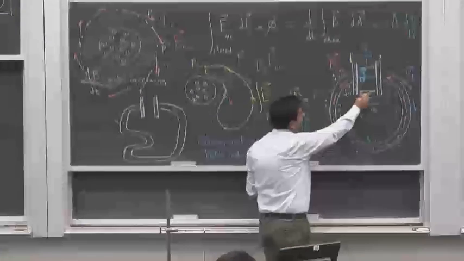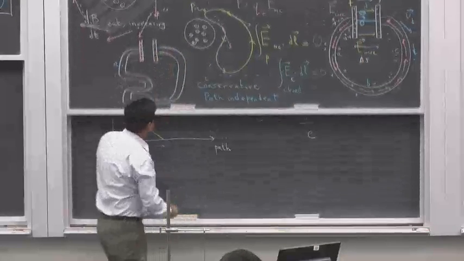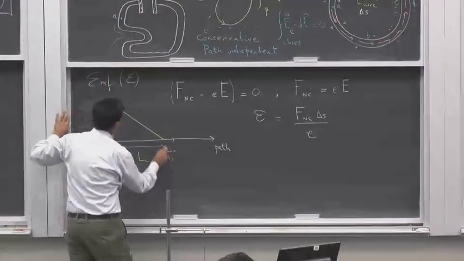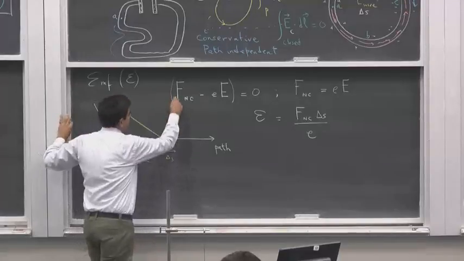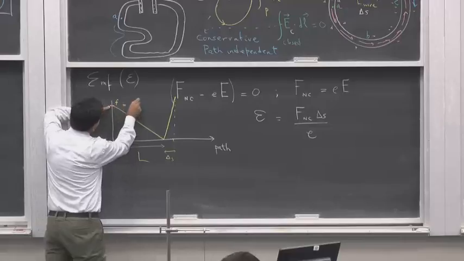But inside the battery, this distance delta S is really small. So from L to delta S, the potential goes all the way back up. This point is called the EMF of the battery.